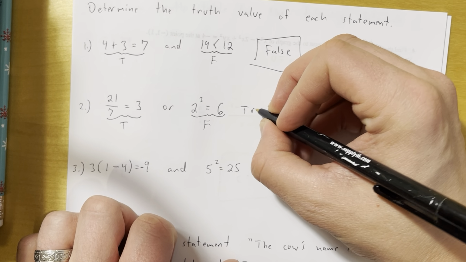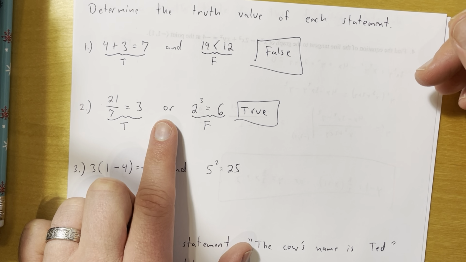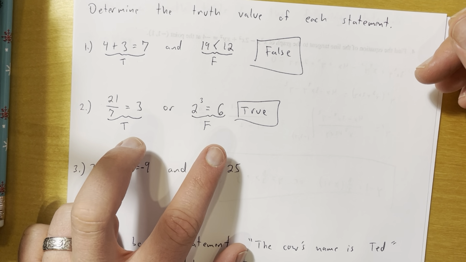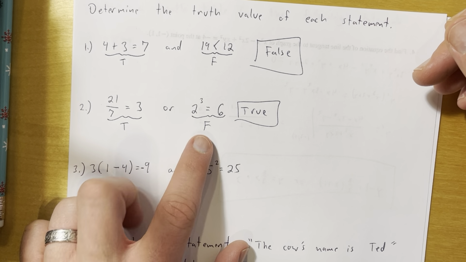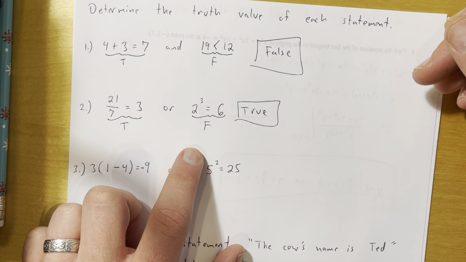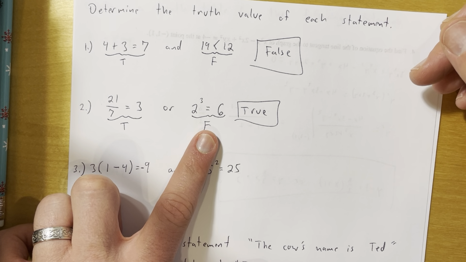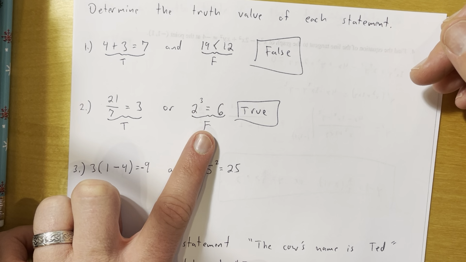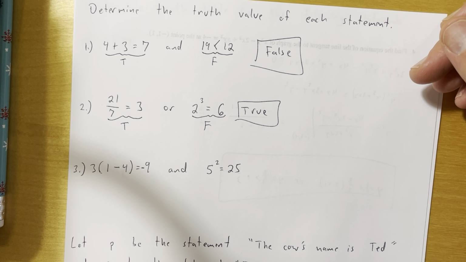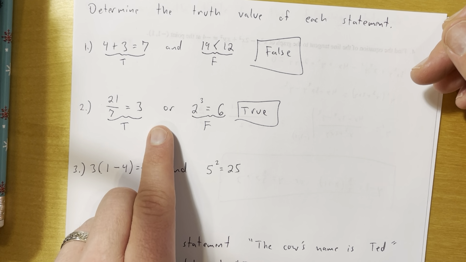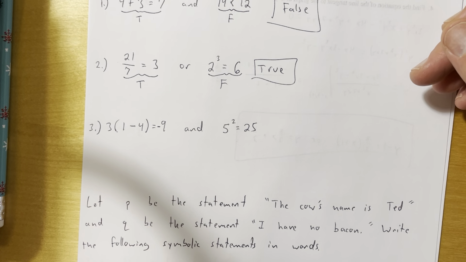This becomes true, and the reason is that if you have a disjunction, using the word or, then you only need at least one of your component statements to be true in order for the entire compound statement to be true. Because one of the statements ended up being true, it didn't matter what the other one was. It ended up being false, but it could have also been true, and in either case we would have had true for our compound statement. The only way this could have been false is if both component statements were false.